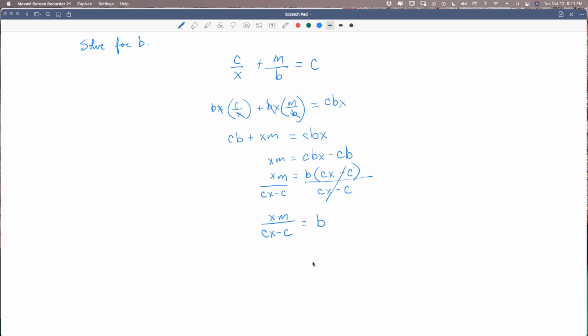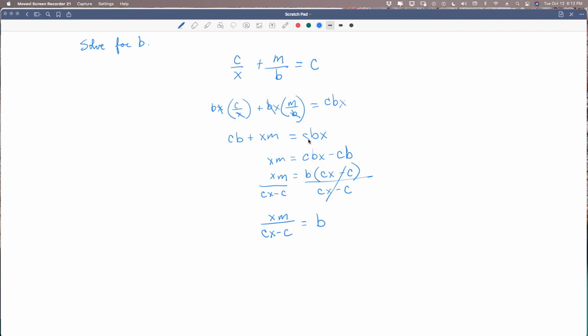All right, if you got xm over cx minus c equals b, then you got the right answer. So if you did not get that answer, then you need to go back and look at what I did here. First thing, we found our common denominator was bx. We multiplied that times all the terms. We canceled the x here, so that became cb. We canceled the b here, so that became xm.